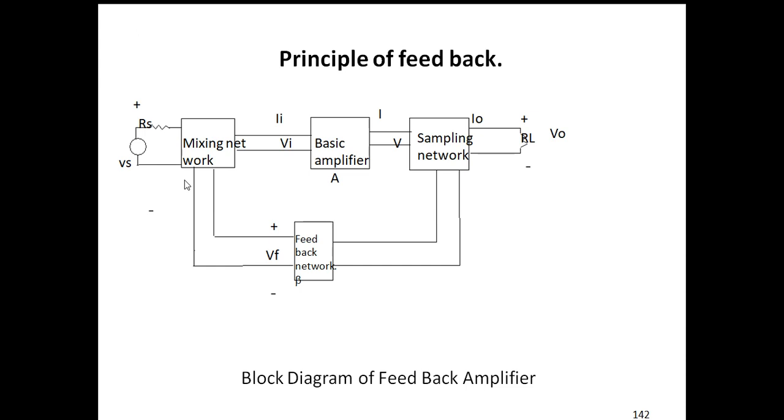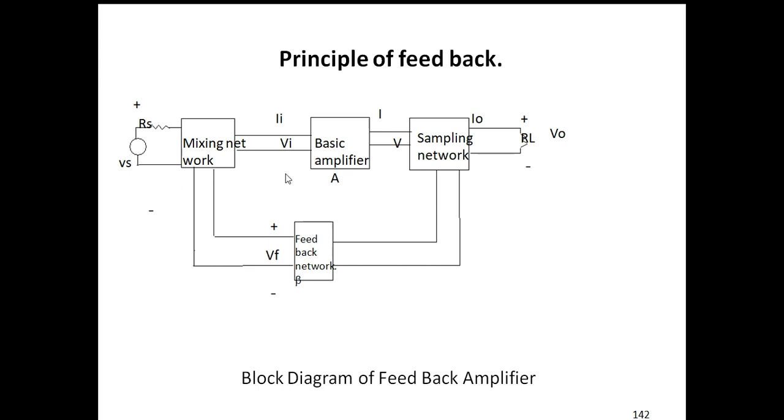If these two signals are in phase, they will be added. If these two signals are out of phase, they will be subtracted. Therefore, the net input signal varies with respect to positive or negative feedback.